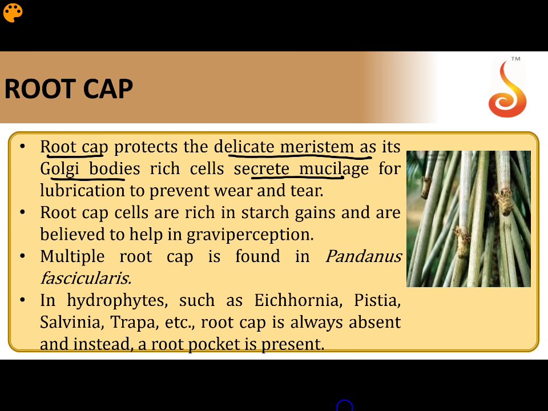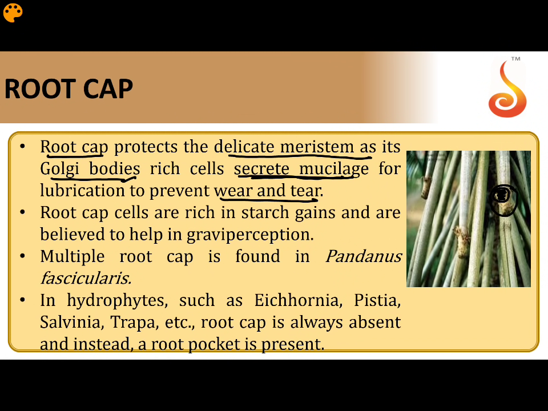This lubricates and helps in recovery from wear and tear. Now, in this right picture, you can see the region of the root cap. Can you see here that this region is a little broken, and repaired? This is the region which will be repaired by the secretions of Golgi bodies, so that it can further reach to the ground.